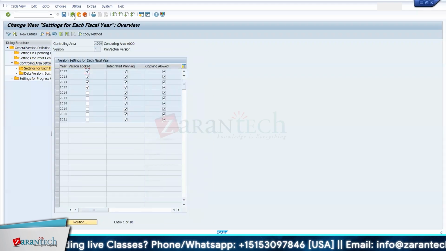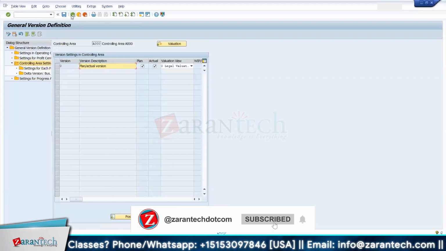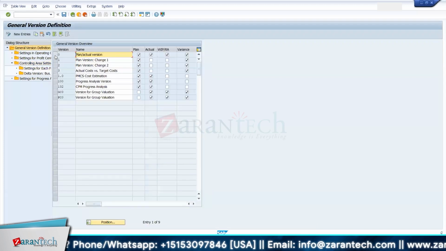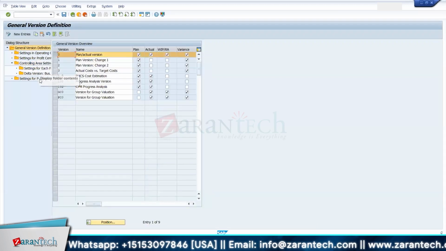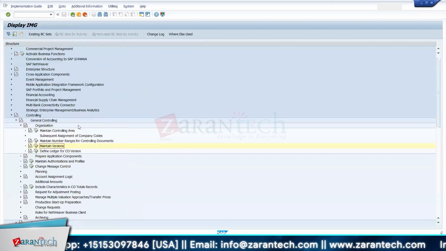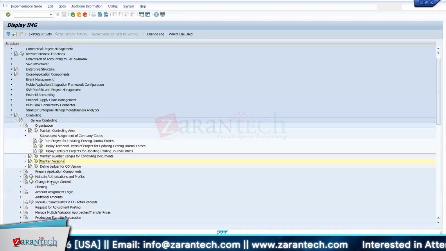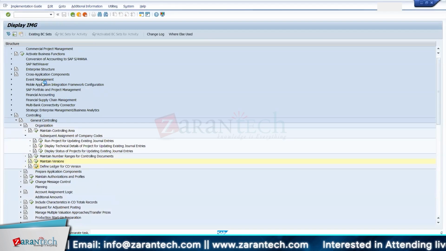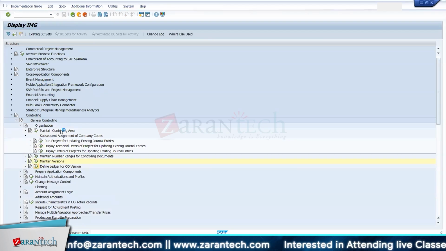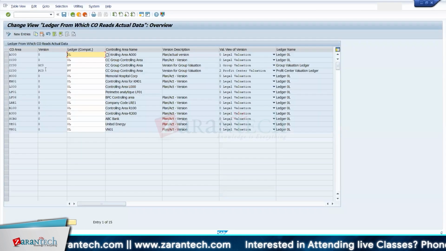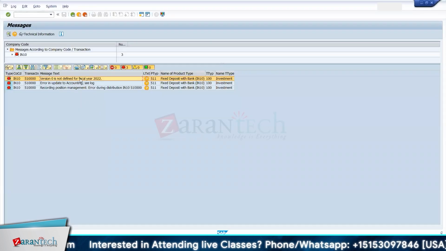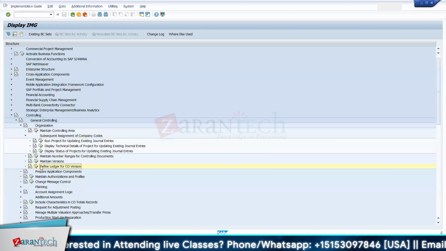It is there. There is one transaction code, CO version. Yes. Okay, fiscal year 2022.